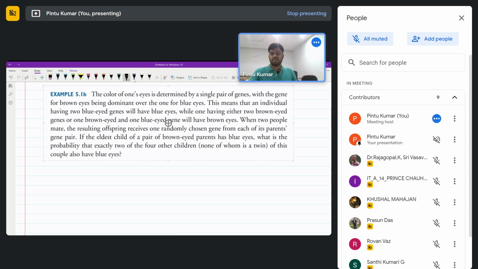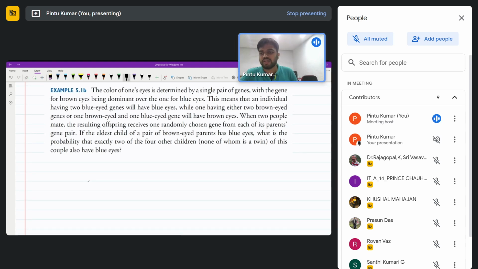Okay, so I don't remember who gave this dominant theory, but genes occur in pairs. Here they have given the example of blue and brown eyes.